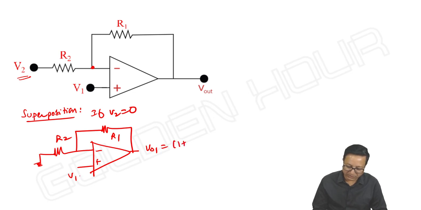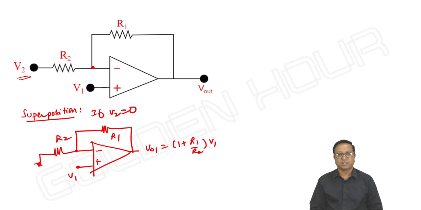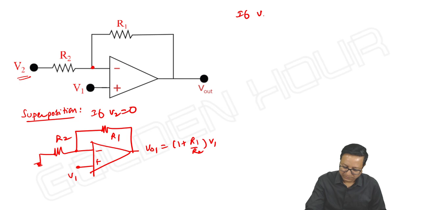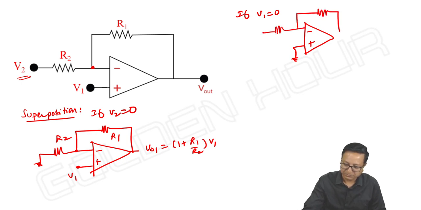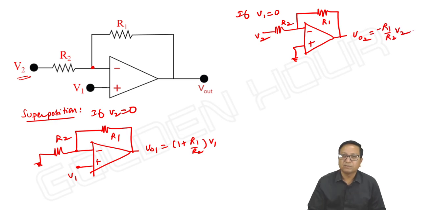What is the output of this circuit? Once you know V plus, which is equal to V minus, output is 1 plus R1 by R2 into V1. And suppose V1 is equal to 0, then R1, R2, V2. What is the output of this circuit? Minus R1 by R2 into V2.